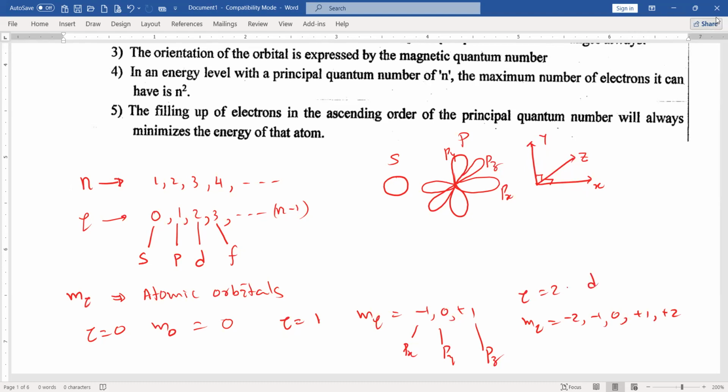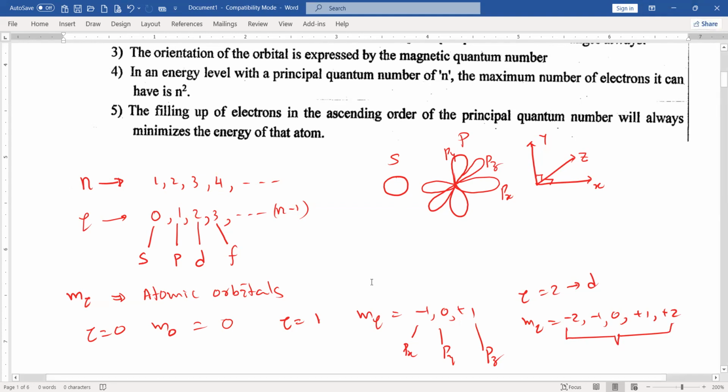So L equal to 2 has 5 ML values, meaning d sub-energy level has 5 d orbitals. Yeah, 5 d orbitals.